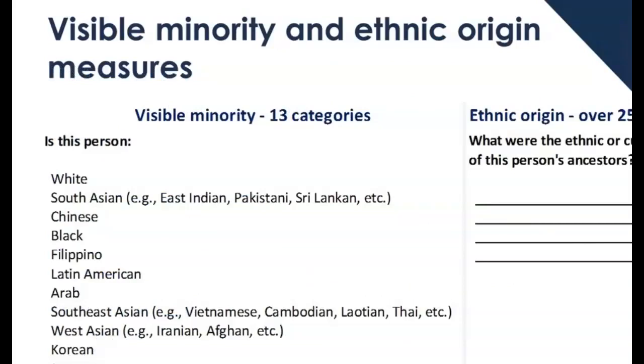So people can either be white, South Asian, Chinese, Black, Filipino, Latin American, Arab, Southeast Asian, West Asian, Korean, Japanese, or if they don't feel they belong to any of these, they can also specify another group. Now, what I've added in gray lighter font at the bottom is the multiple visible minority category. We don't offer it on the questionnaire, but when people mark more than one, in some cases, we will classify them. When we disseminate, we also have this category.